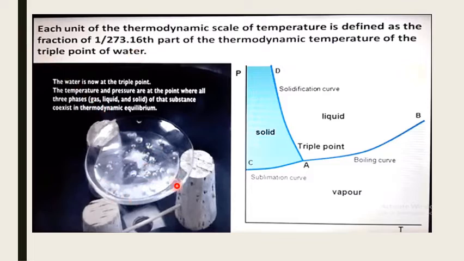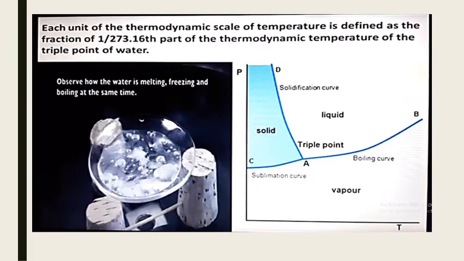You can see this diagram. The temperature and the pressure are at the point where all three phases, gaseous, liquid and solid, of that substance coexist in thermodynamic equilibrium. So if you observe, water is melting, freezing and boiling at the same time.